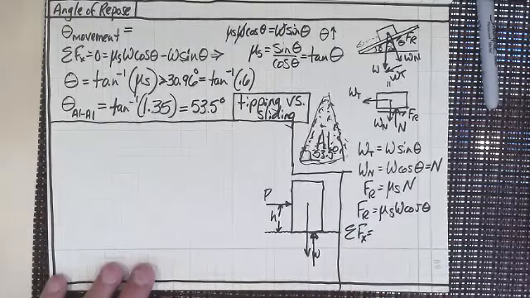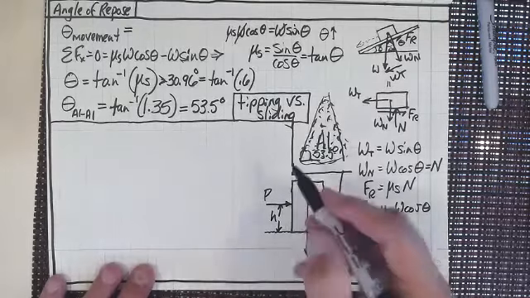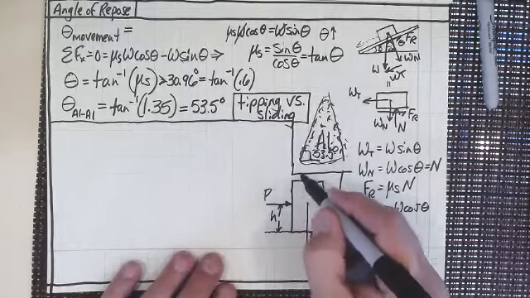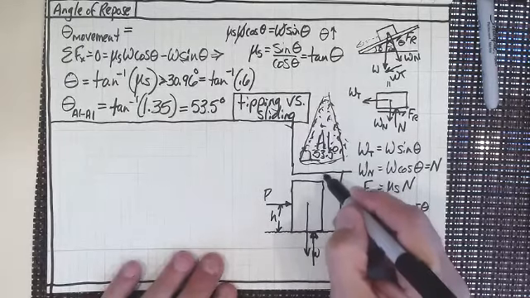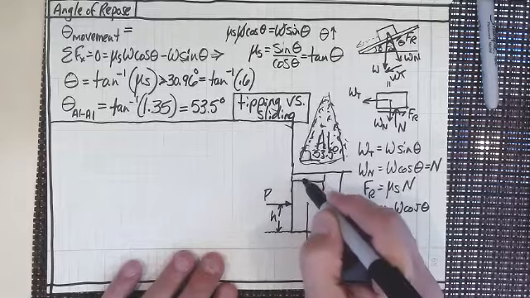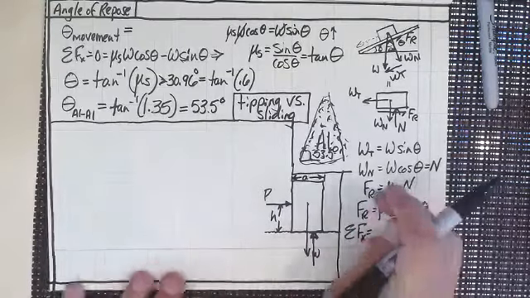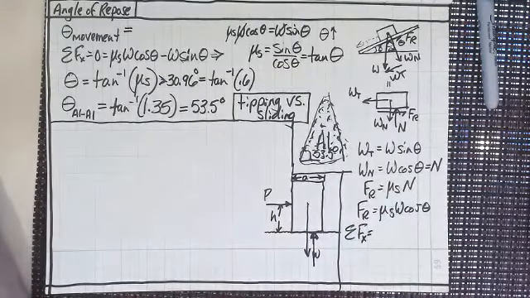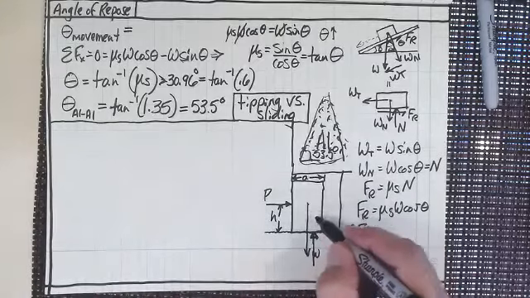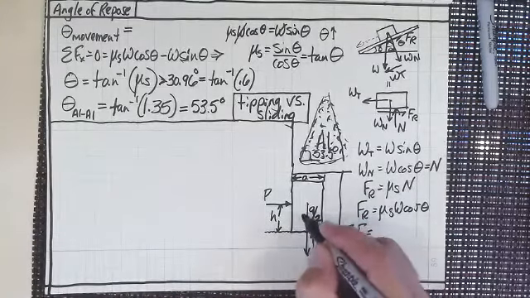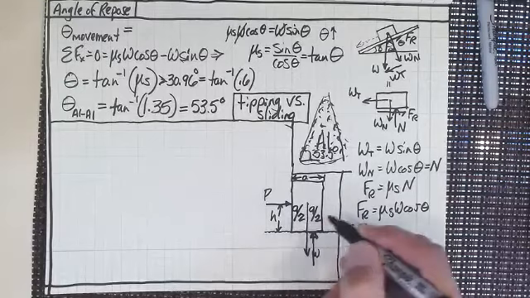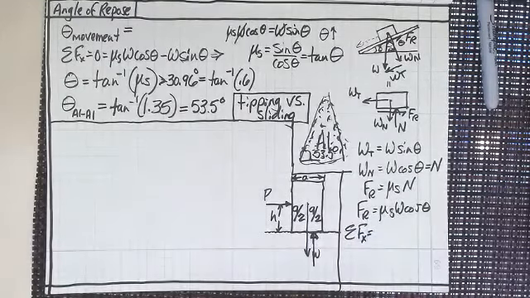And the width of this is A. So then this would be A over 2, and this would be A over 2 as far as the weight force working down.